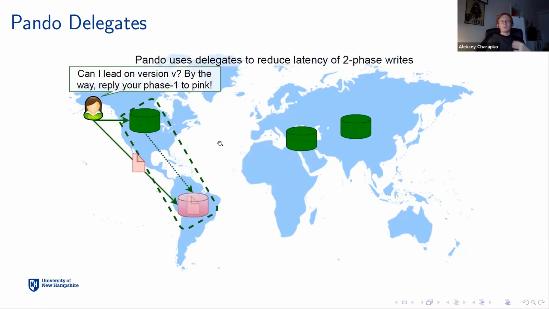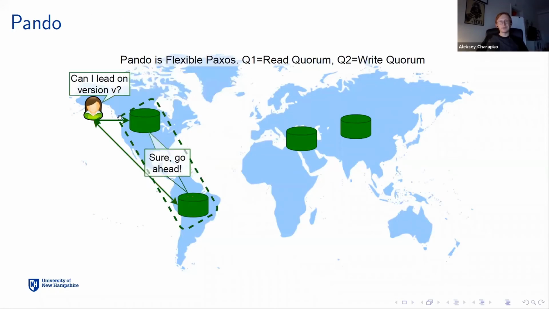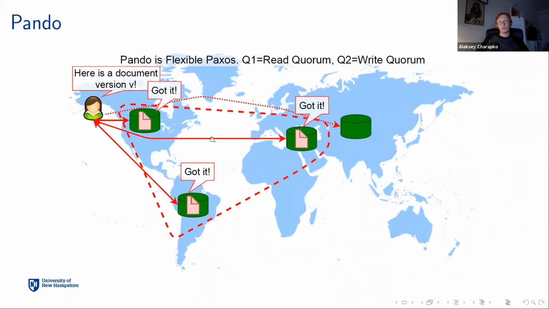So what Pando does differently is it tries to optimize the latency in this flexible Paxos protocol, because you can see that it's quite chatty, right? So she talks to all these guys, then she talks to all these guys.